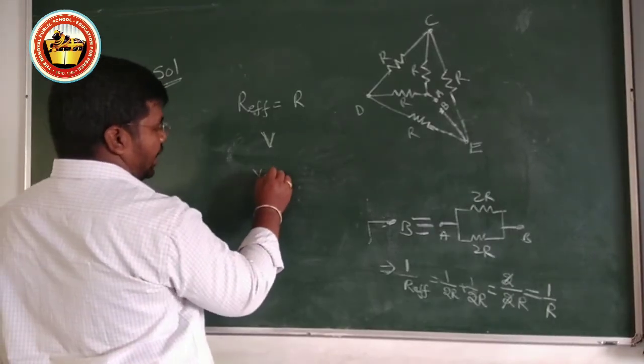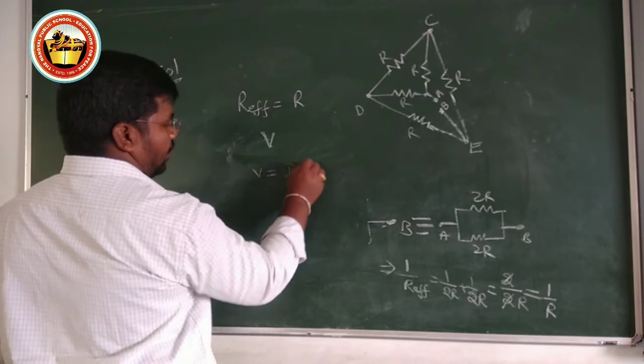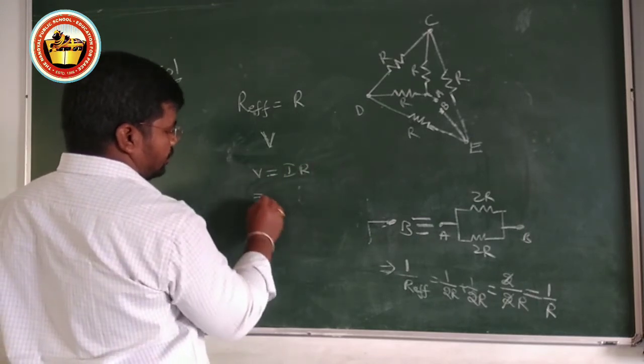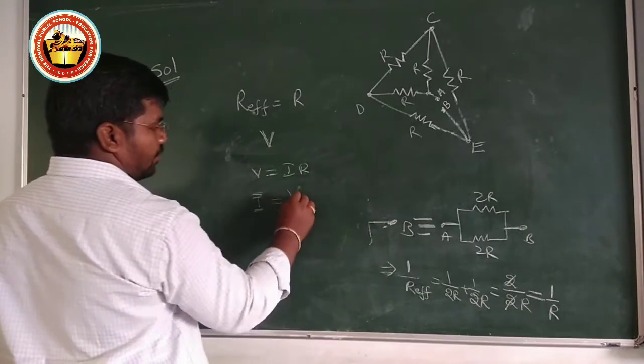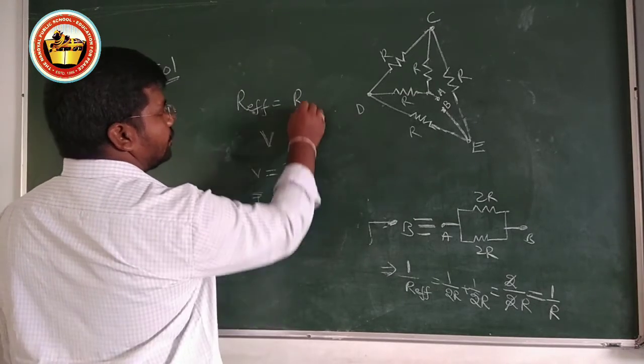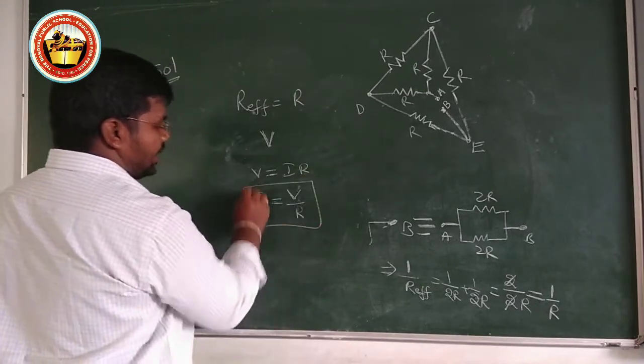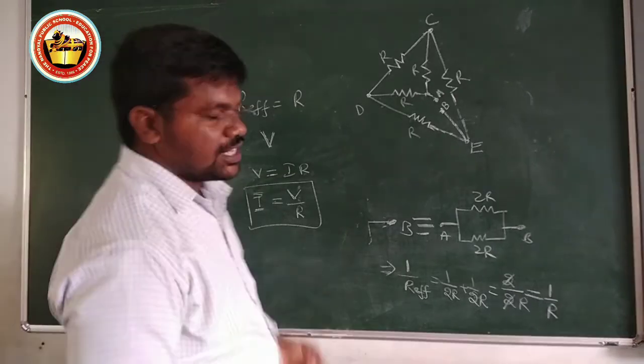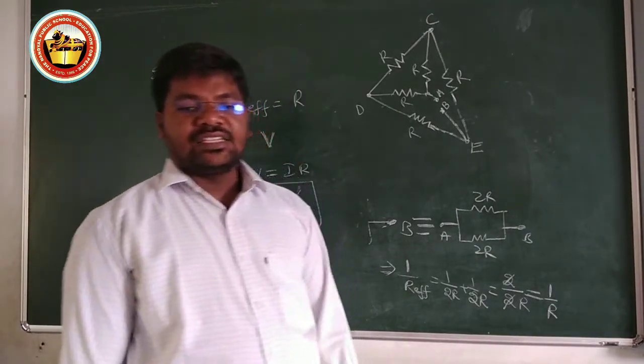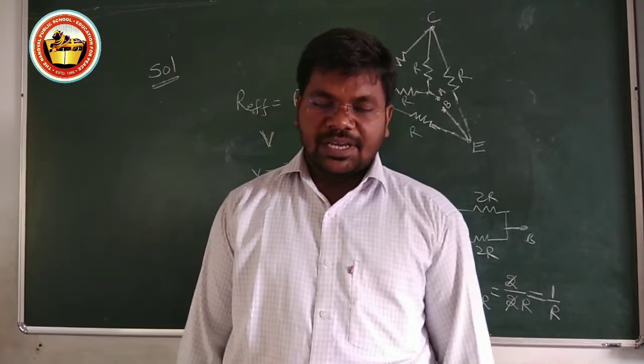According to Ohm's law, V is equal to IR, then I is equal to V by R. The current in the given circuit, I is equal to V by R.